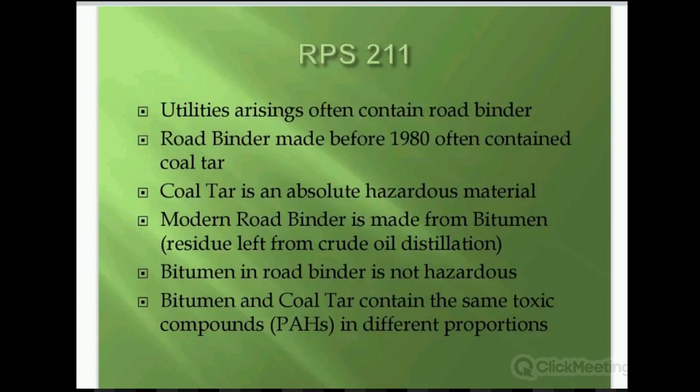Now, modern road binder is made from bitumen, which is the residue left from crude oil distillation. And bitumen found in road binder isn't hazardous. The problem is that bitumen and coal tar contain the same toxic compounds, the PAHs, but in different proportions.